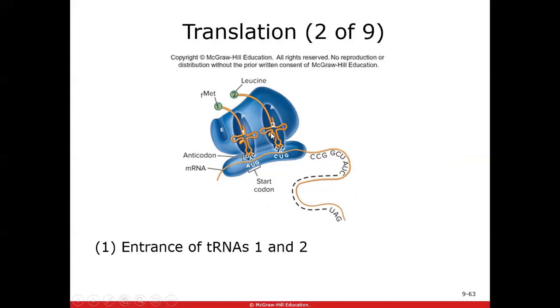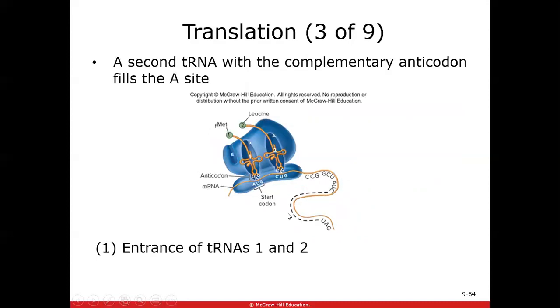When these two are locked in this ribosome, it brings these amino acids close together and they form a peptide bond. This is where it says the second transfer RNA with complementary anticodon fills the A site.